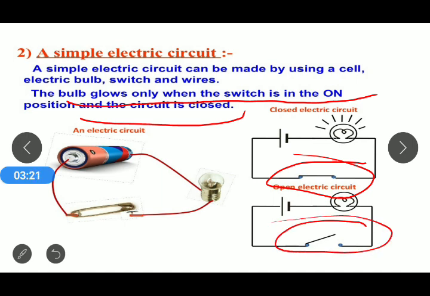The first position in the encircled area is the switch in on position, and the second encircled position is the electrical switch in off position. So whenever there is a proper flow of electric current through the electrical circuit, only then can it glow the bulb. And if there is no flow of electrical current, then we can say that there is no glow of the bulb.